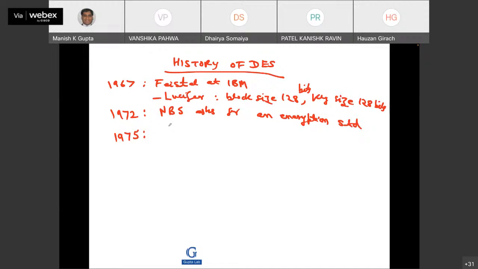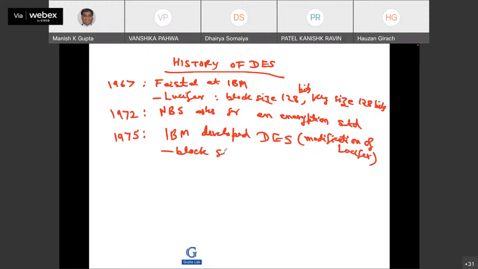Anyway, in 1975, IBM developed DES. It was a modification of Lucifer, with block size 64 bits and key size 56 bits.